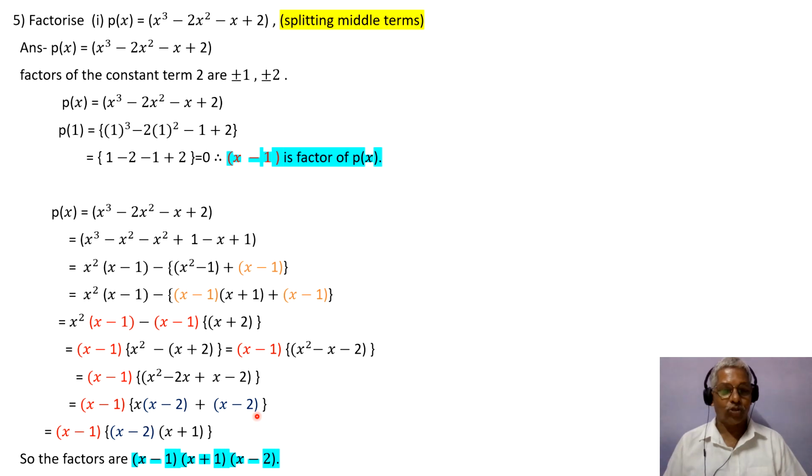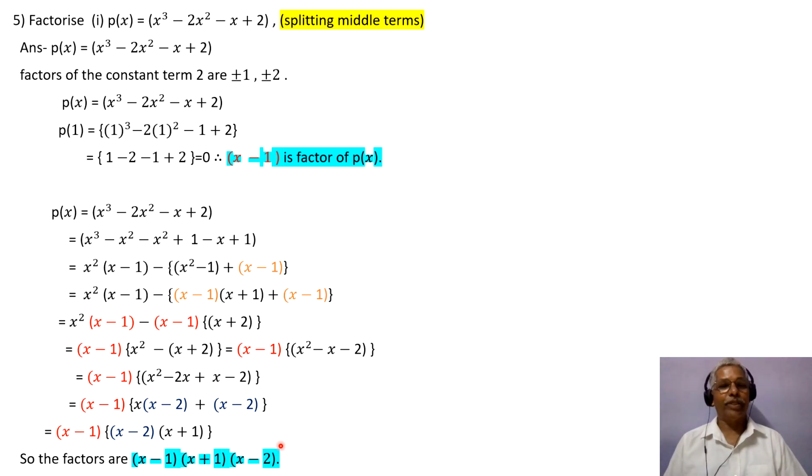Now take x minus 2 common from here, and you are left with x minus 1, x minus 2, and into this bracket x plus 1. Try it yourself on the paper, and you will find it is very easy. So ultimately factors are same, x minus 1, x plus 1, and x minus 2.